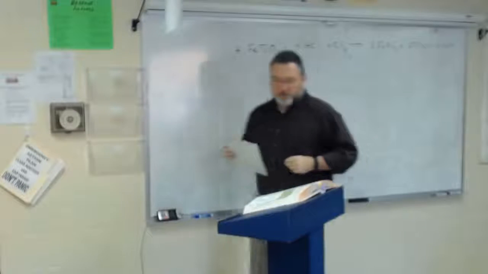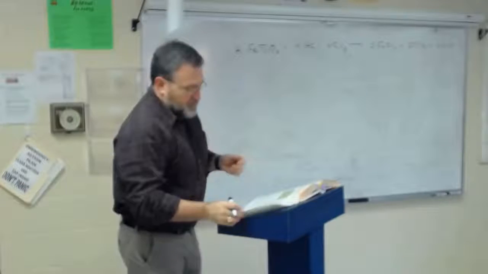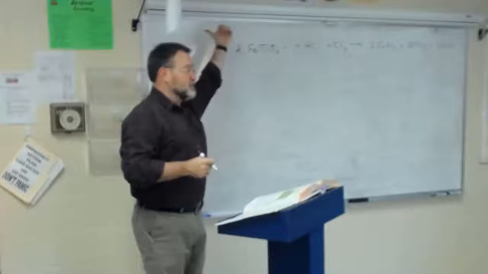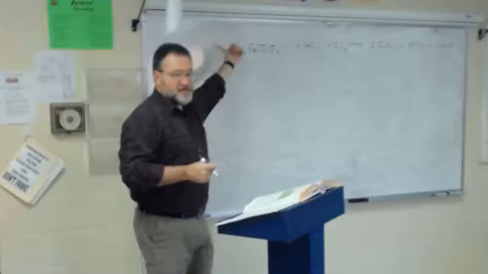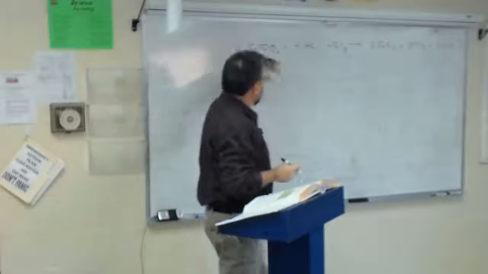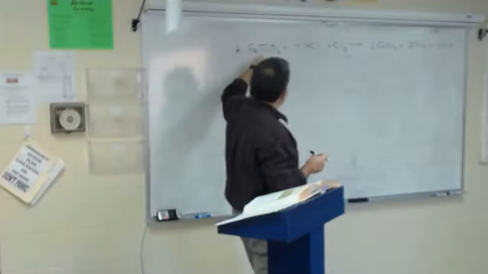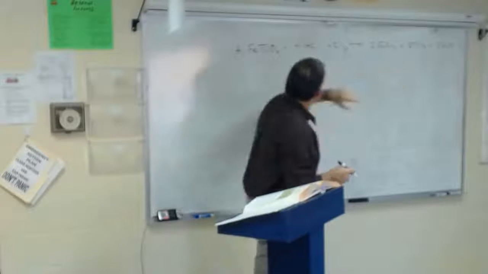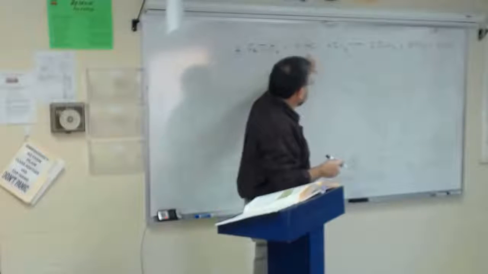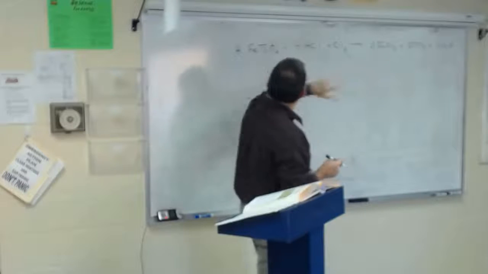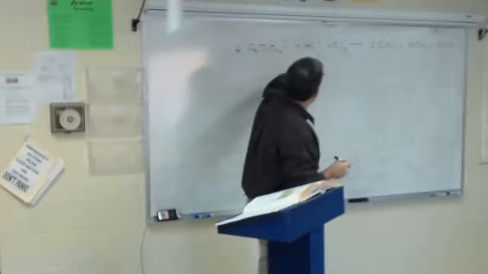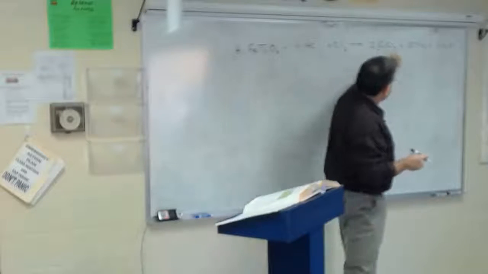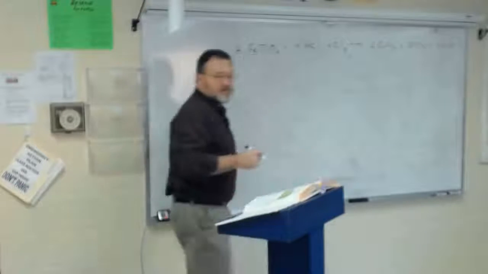Okay, so there's the reaction equation that we're going to be dealing with. We go through and see if it's balanced, and we should see pretty quickly this is balanced. So let's check it. 2, 2, 2, 2, 4, 4 hydrogens, 4 hydrogens, 6 chlorines, 6 chlorines. Okay, so it's balanced.